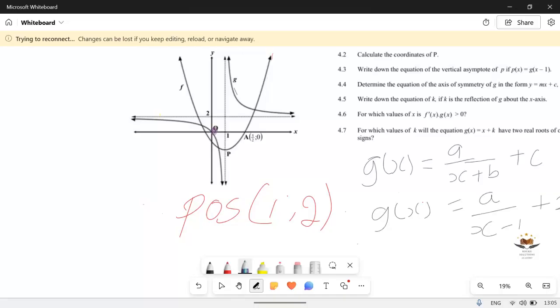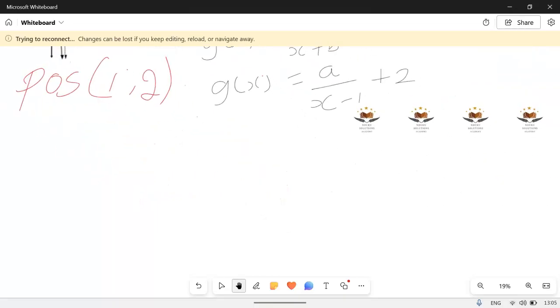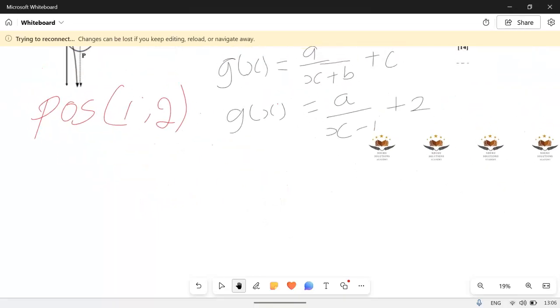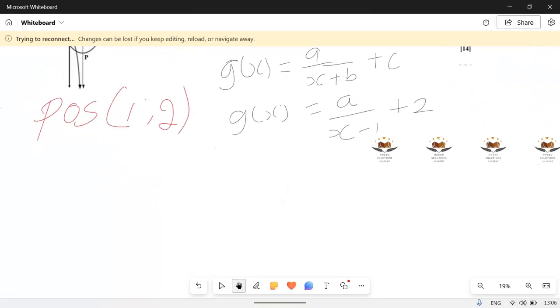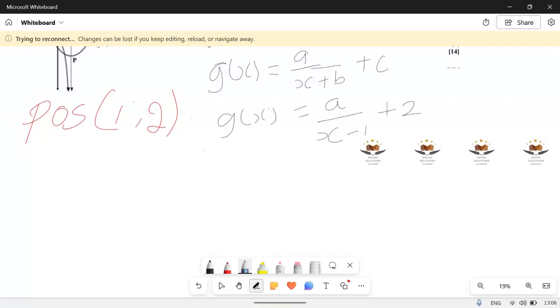So we are going to substitute that point into the function we already have here. So we can say your y is 0, so 0 equals a over, and wherever you see x, you also put 0, minus 1, plus 2.